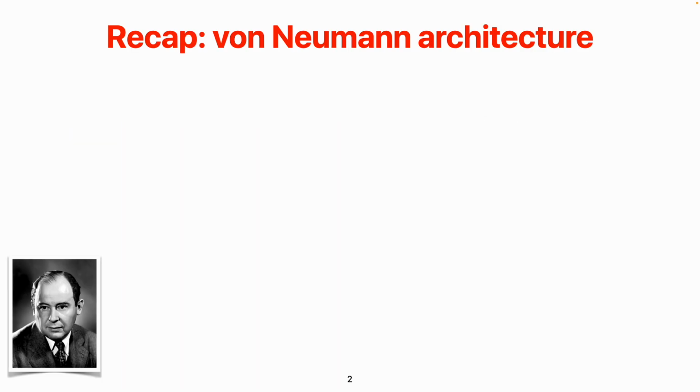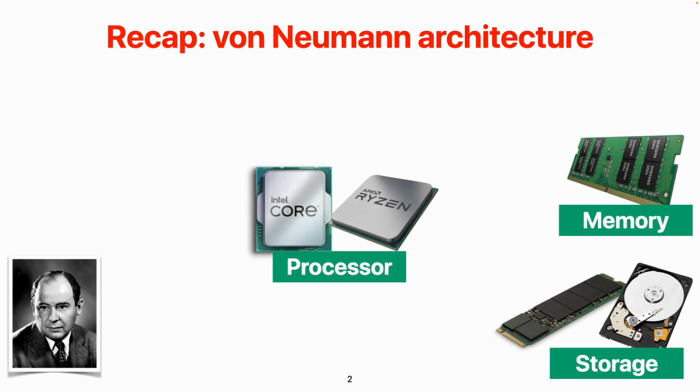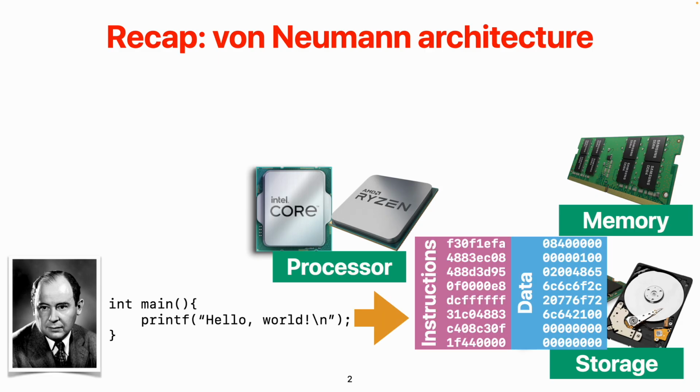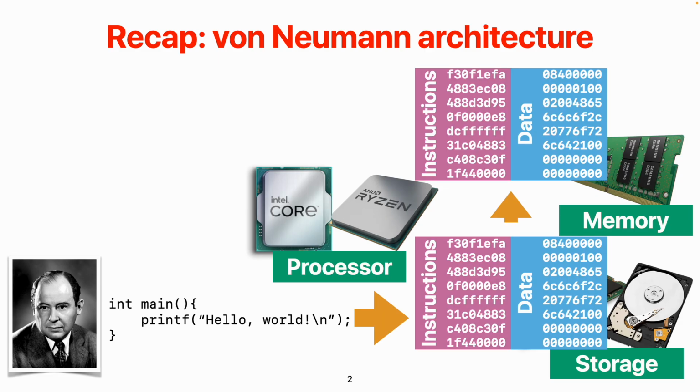So I know you have seen this slide a lot, but the reason we want to talk about this slide again and again is because, don't forget, in volume architecture, or in general, every computer that we have nowadays is composed of memory and processor.